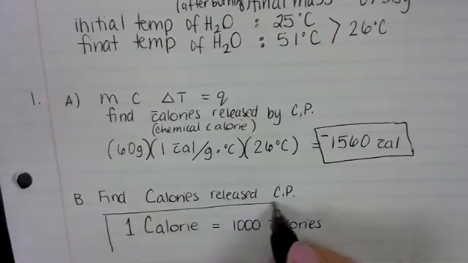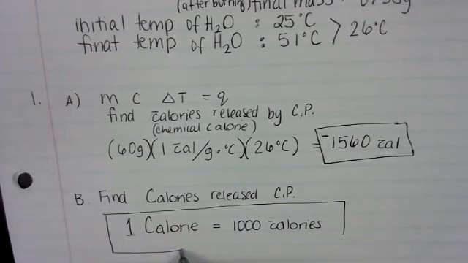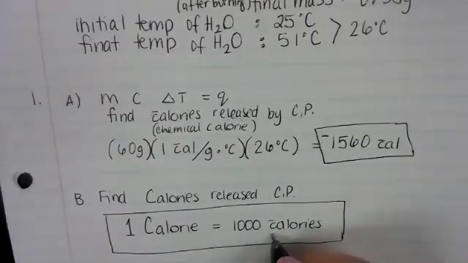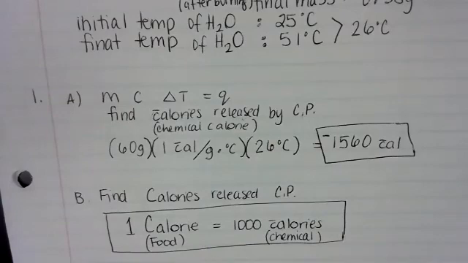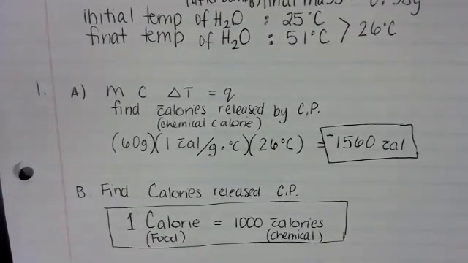Let's box that in. Again, this is chemical, and this is food. That's how we can relate them. So 1 capital C calorie is equal to 1,000 calories.